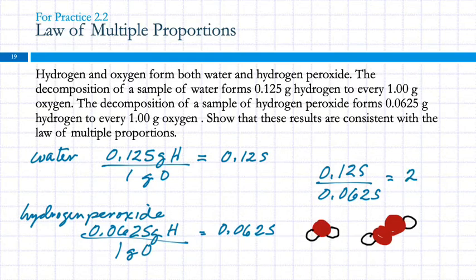This ratio reflects the ratio from the numbers of atoms. So here, if we stay with the water, we've got 2 hydrogens for every 1 oxygen. So that's a 2. And here we have 2 hydrogens for 2 oxygens, and that's a ratio of 1. And the ratio of those ratios gives us that same whole number.